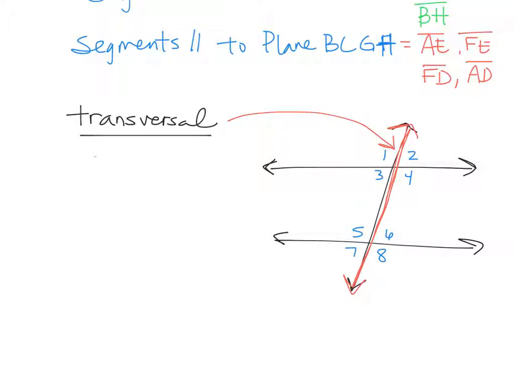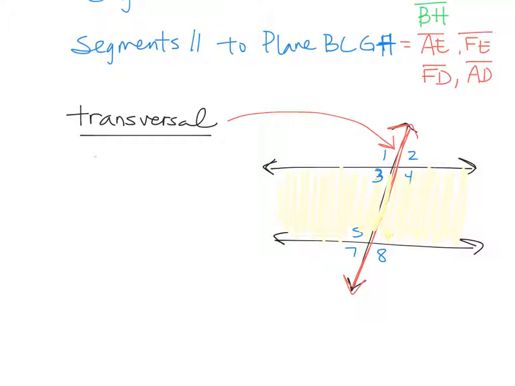With a transversal and the two other lines that you have, you're going to have two different types of angles. You're going to have the interior. Let me write our numbers back in.